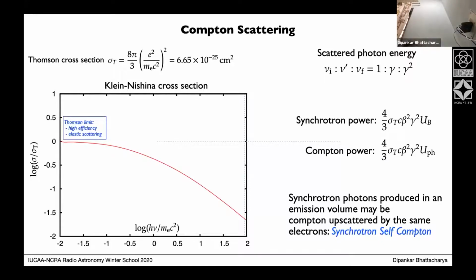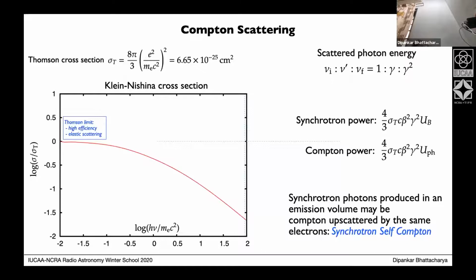So the scattered photon in the rest frame of the electron will still have a frequency nu prime, but this photon will now be given a momentum largely in the direction of motion of the electron as seen in the lab frame. So if you take that photon, which is now moving in the direction in which the electron was moving, and then transform that frequency back to the lab frame, then it picks up another factor of gamma.